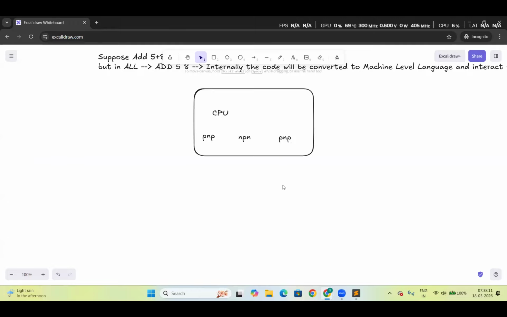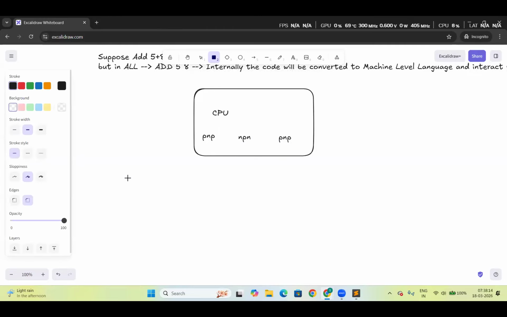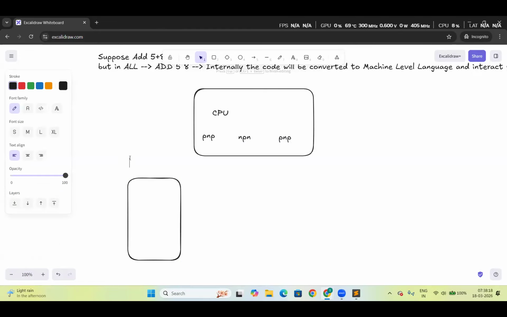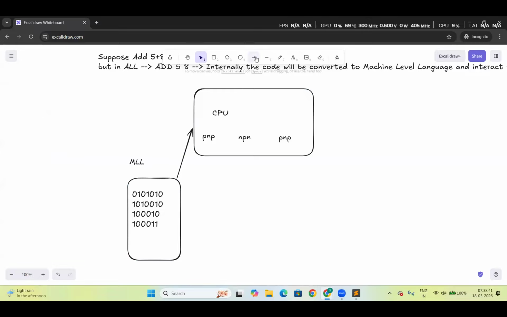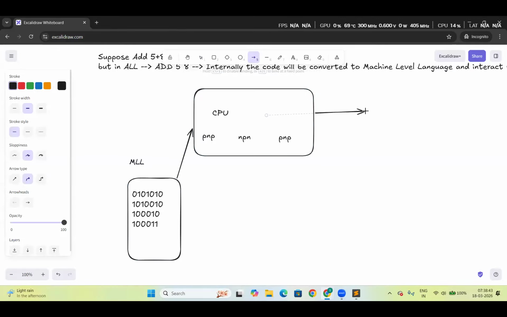Now, whatever machine level language we have written, what is the machine level language? Some instructions like 0 1 0 1 0 or 1 0 1 0 1, something like this. I'll pass it to the CPU, and the CPU will process it and return the output. Clear?